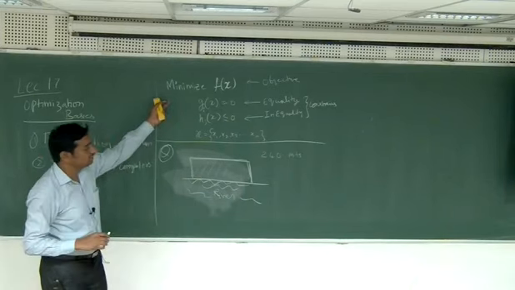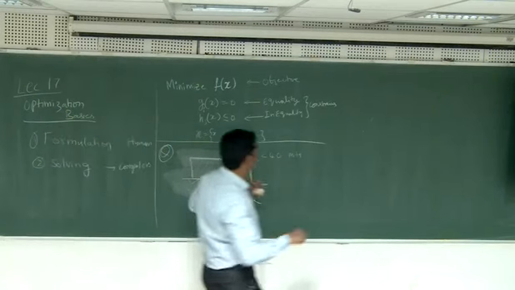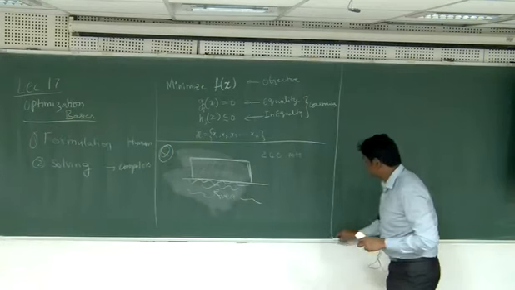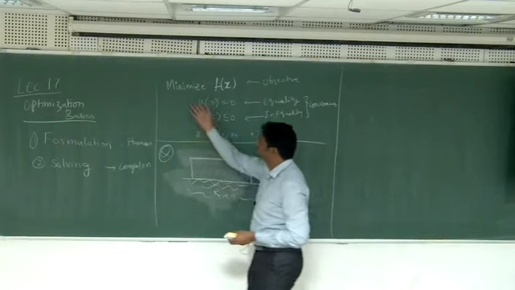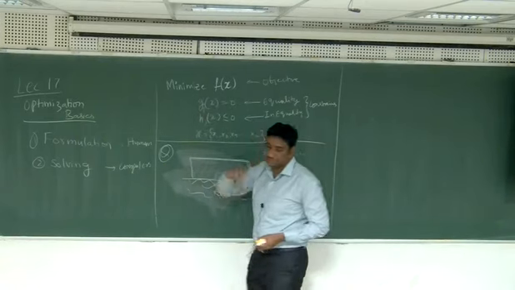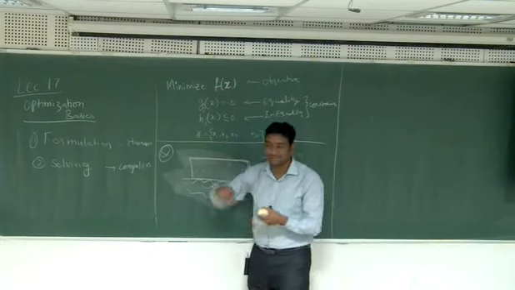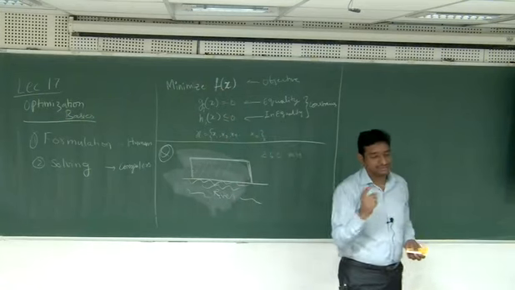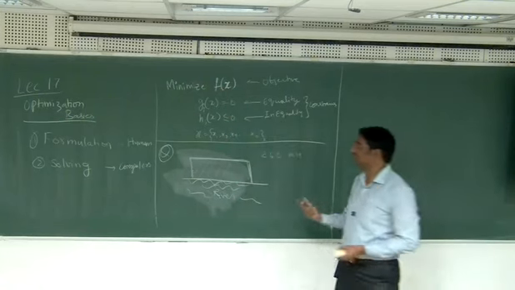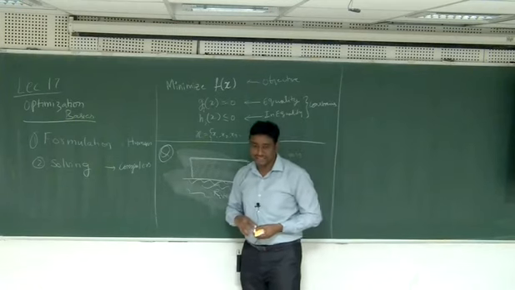So now let's try this one. Here, minimize f of x. If you want to minimize some function, if you take the minus of that function, that means you want to maximize that function. So minimize and maximize are not two separate problems.